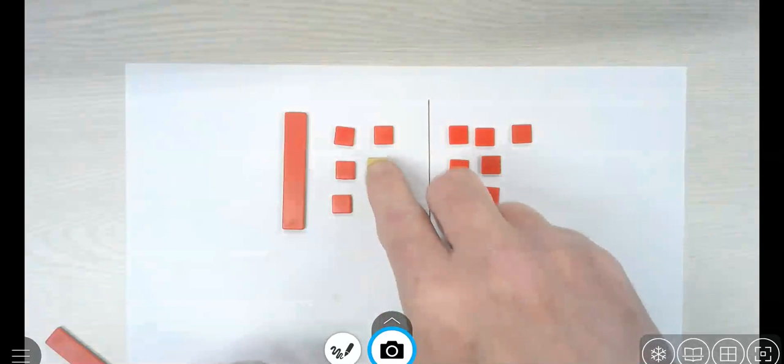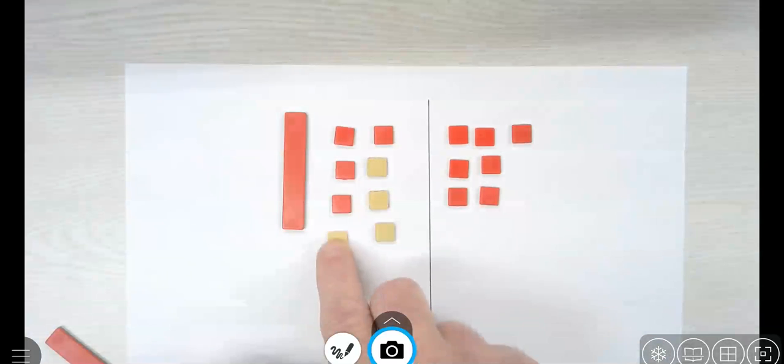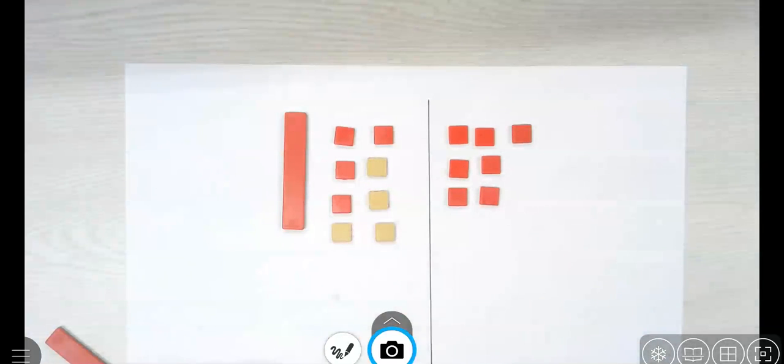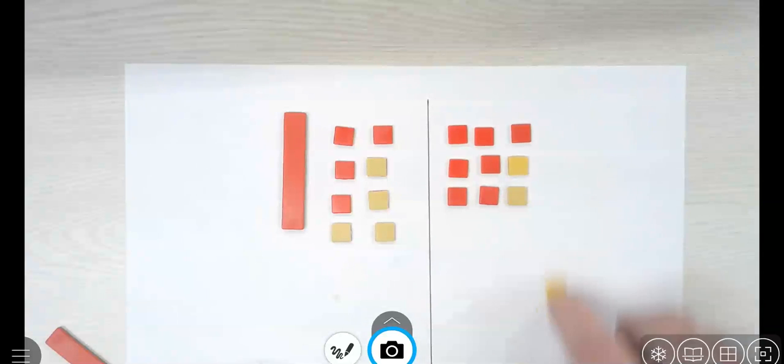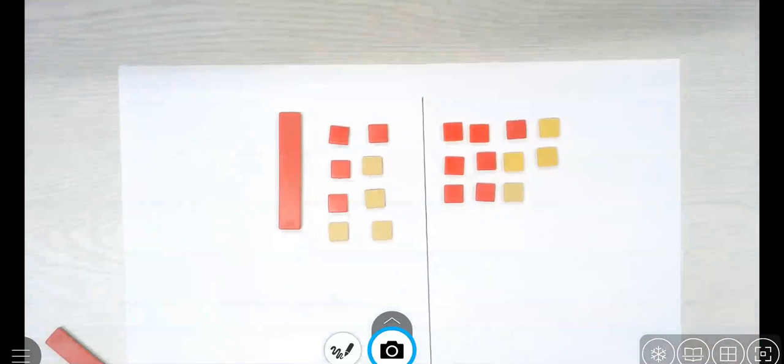So I can add 1, 2, 3, 4 positives to the left, and if I add 4 positives to the left, I want to also add 1, 2, 3, 4 positives to the right as well. So I've added positive 4 to each side. I can now create my 0 pairs.